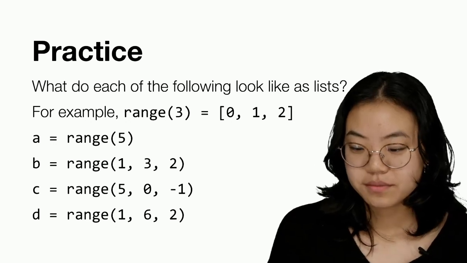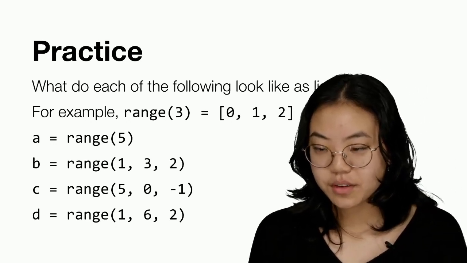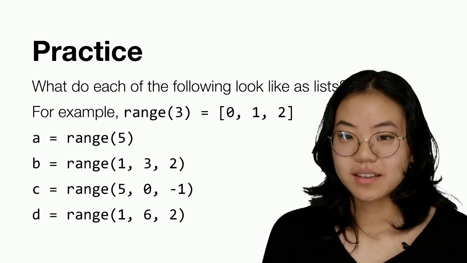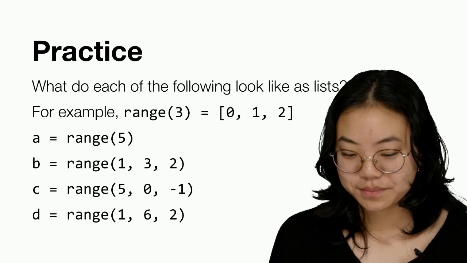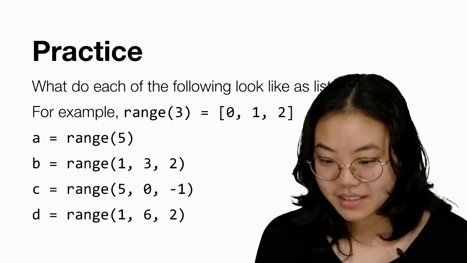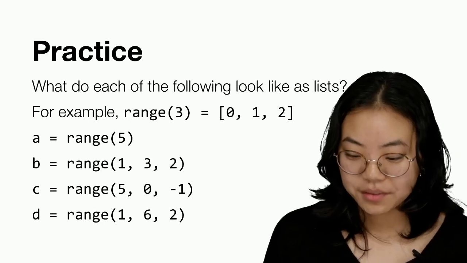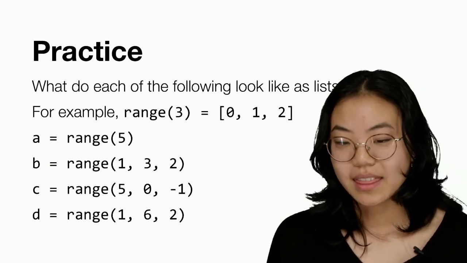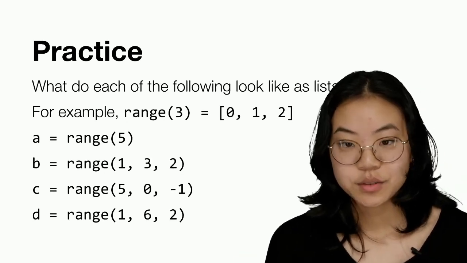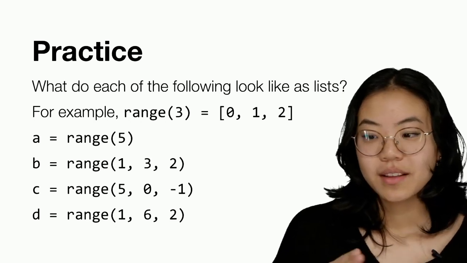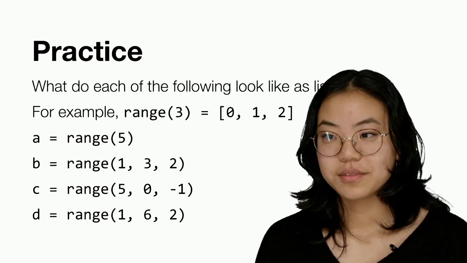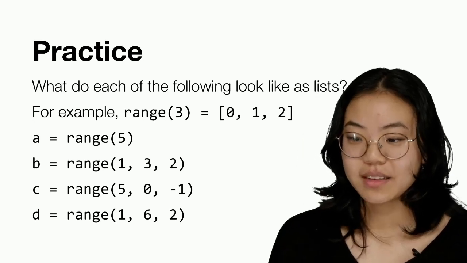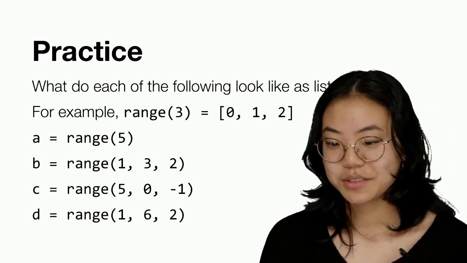So it would be 5, 4, 3, 2, 1, and not including 0. For D, similar to B, we're starting at 1, so the list will include 1, and then it increments by 2 instead, so it would be 1, 3, and then 5. It wouldn't include 7 as that's outside of our range.